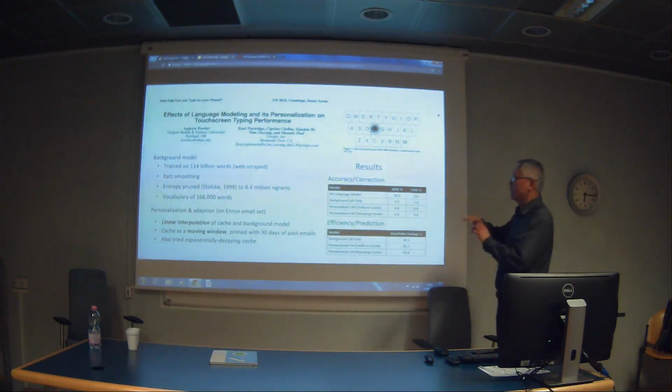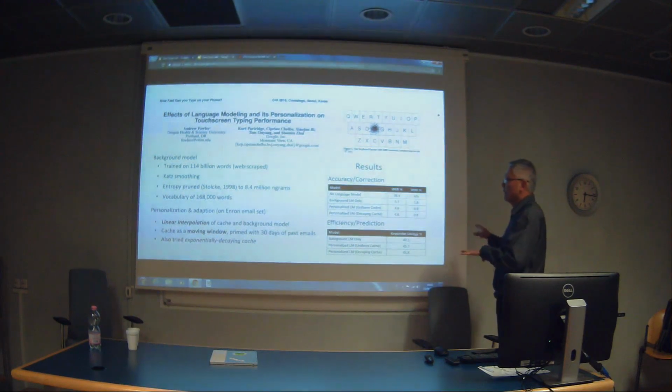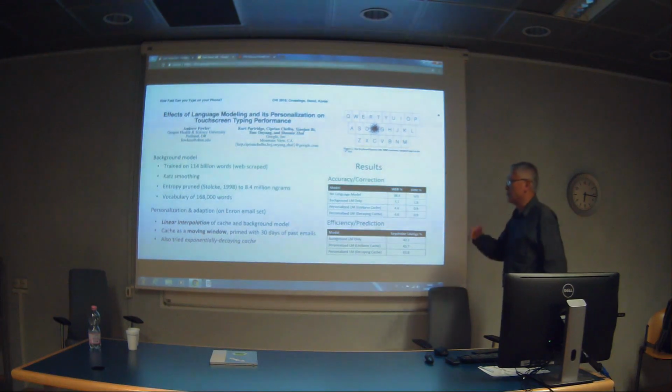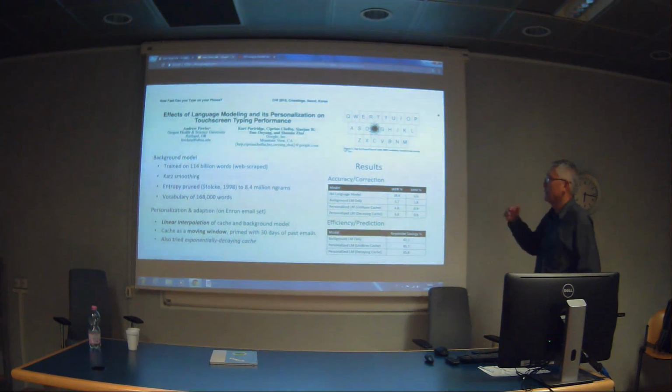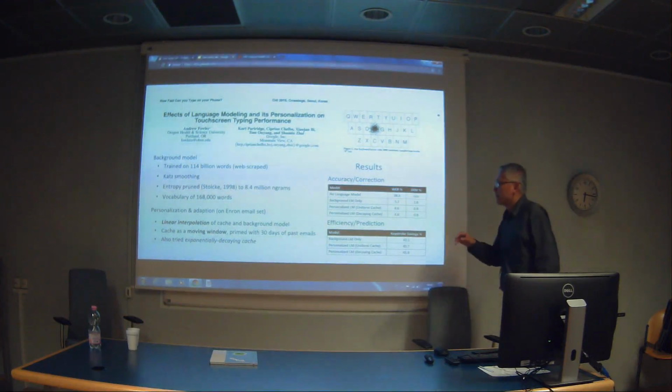So we trained a general language model from the web, scraped and normalized and cleaned up. We did smoothing on it, and we did entropy pruning so that it could come down to a manageable number of n-grams, with a fairly respectable vocabulary size, 168,000 words.